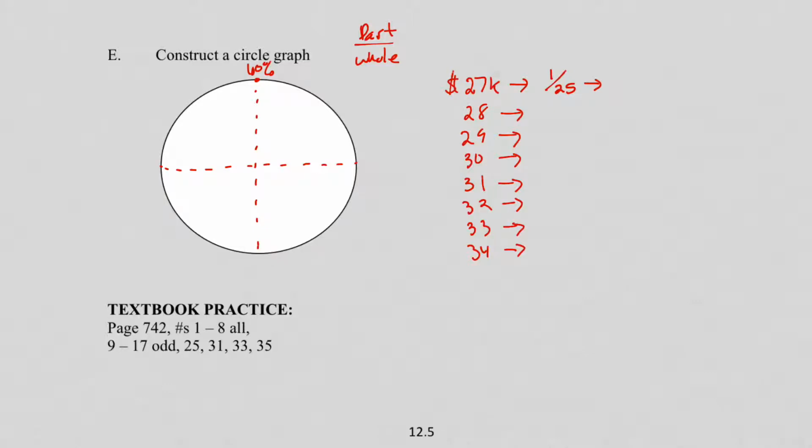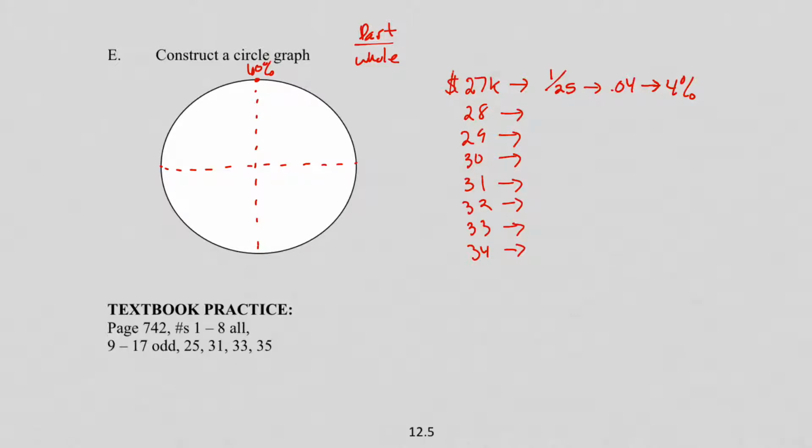If you put this in your calculator, you get 0.04. So that's 4%.